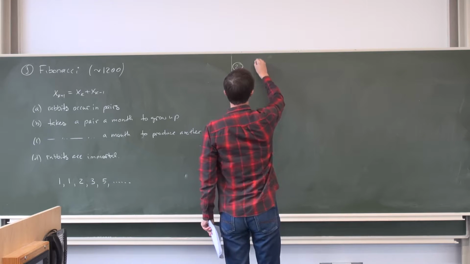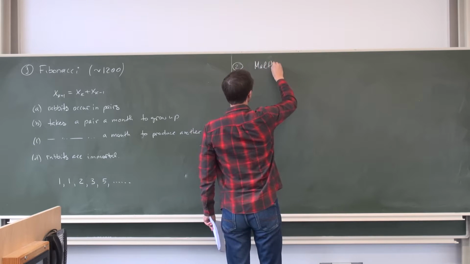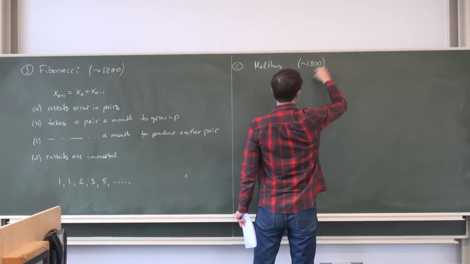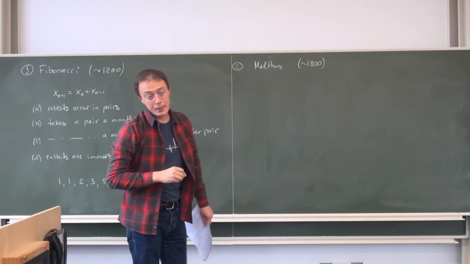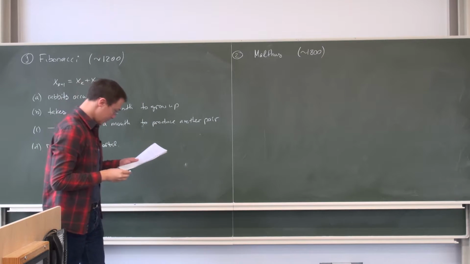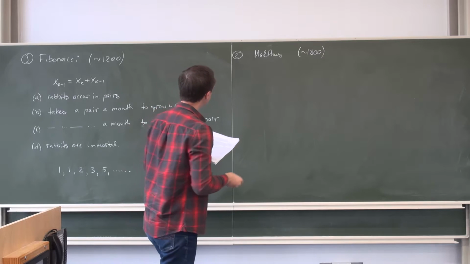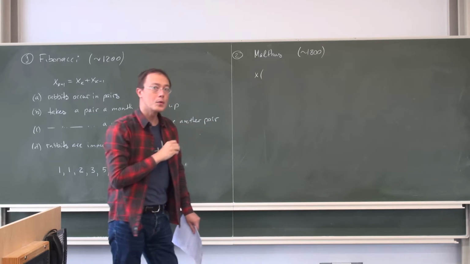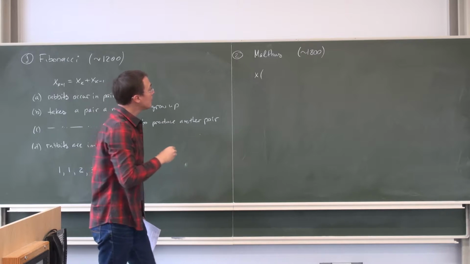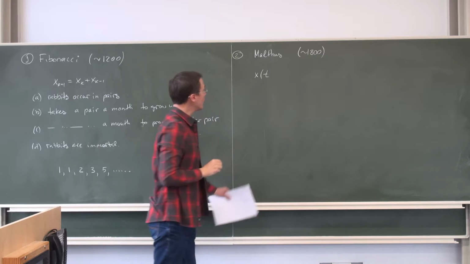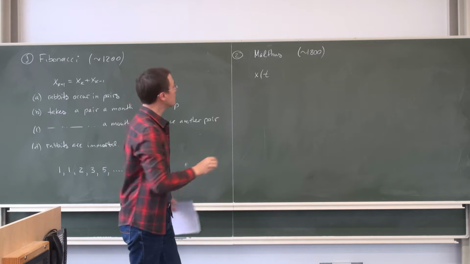1798. Malthus. So around about 1800. Another Catholic priest with another set of very approximate ideas about what he was writing. He said, okay, let x be the population count in Britain, and let us think about what's going to happen if we look at an increment in time.